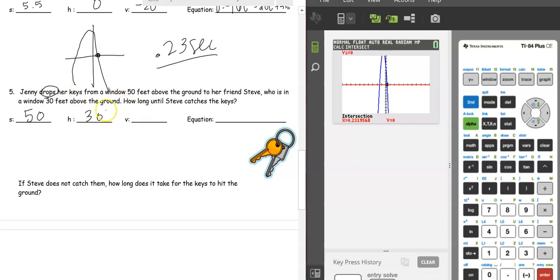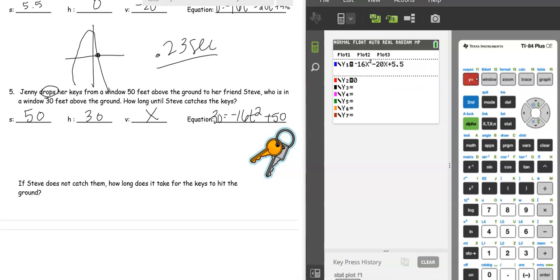Since she is dropping the keys, there is no velocity. So this would be 30 equals negative 16t squared plus 50, using the dropped equation. Let's see how long it's going to take Steve to react to get these keys.